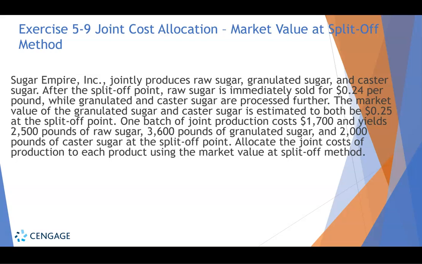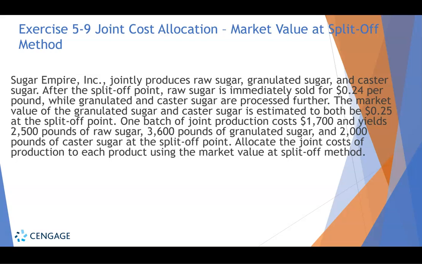Here we'll look at market value at split off. Sugar Empire jointly produces raw sugar, granulated sugar, and castor sugar. After the split off point, raw sugar is immediately sold for 24 cents per pound, while granulated and castor sugar are processed further. The market value of the granulated sugar and castor sugar is estimated to be both 25 cents at the split off point.